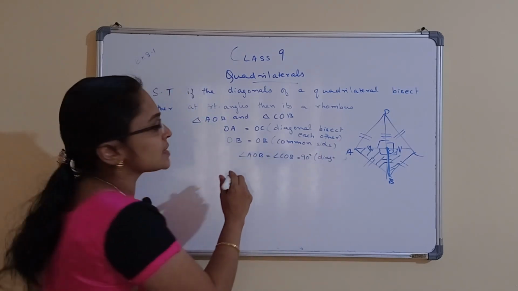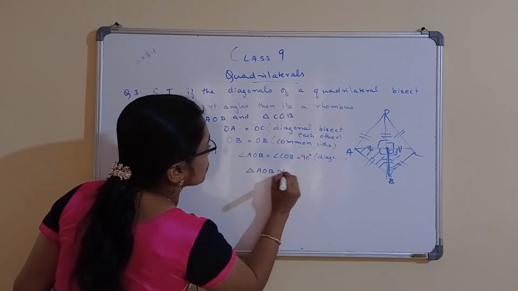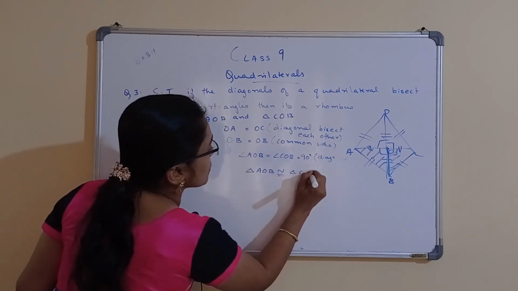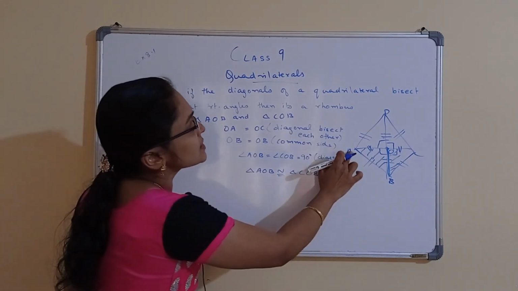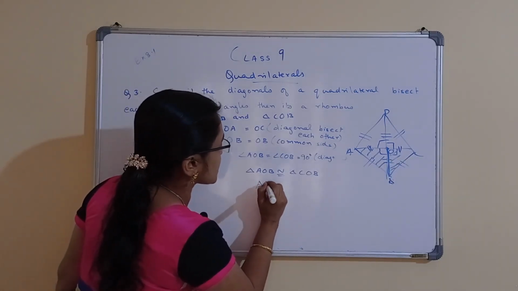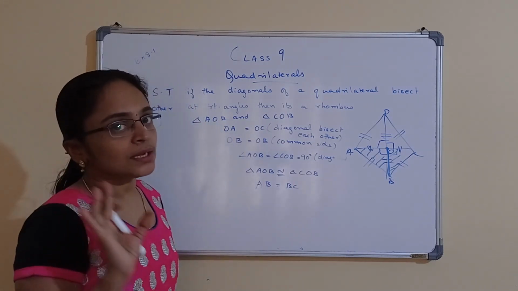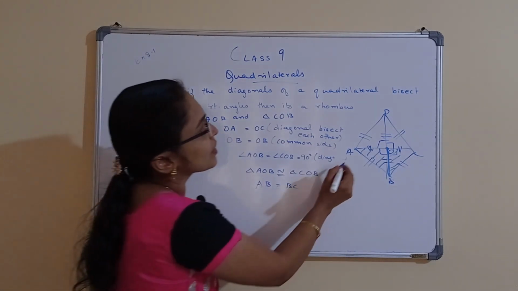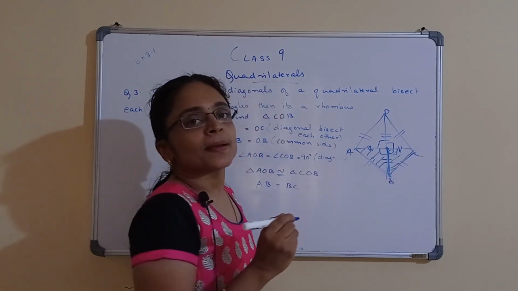So from this we can say that triangle AOB is congruent to triangle COB. Understood? So AB is equal to BC because they are the corresponding sides. So we got two sides which are equal: AB is equal to BC.